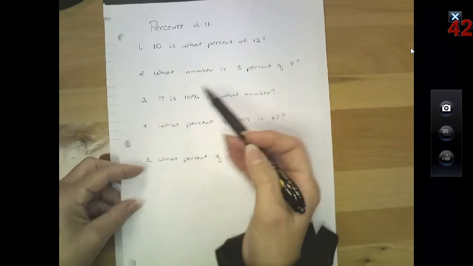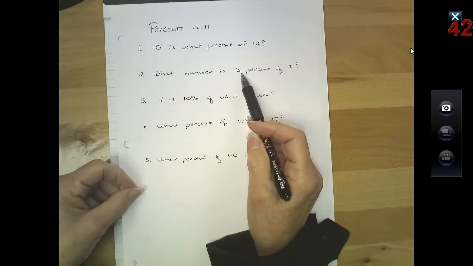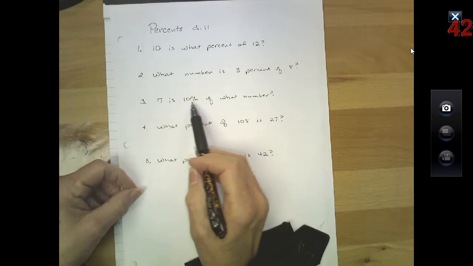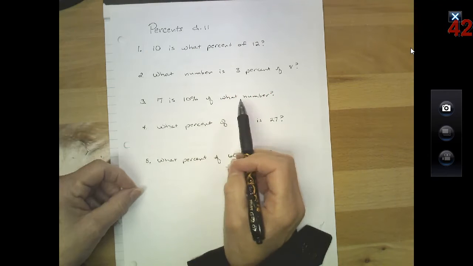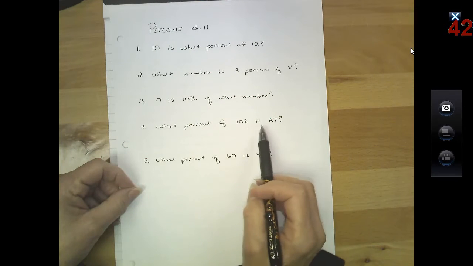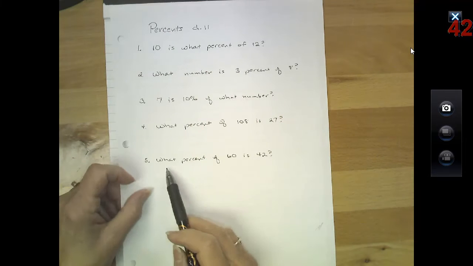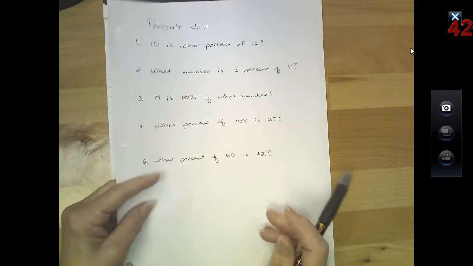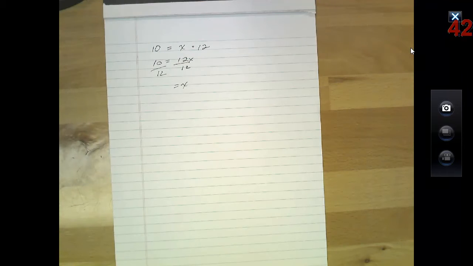What number x equals 3% times 8. 7 equals 0.10 times x. What percent x times 108 equals 27? What percent x times 60 equals 42? I just wanted to make sure that we went over that to help you in that part.